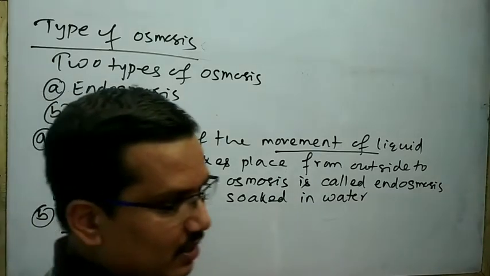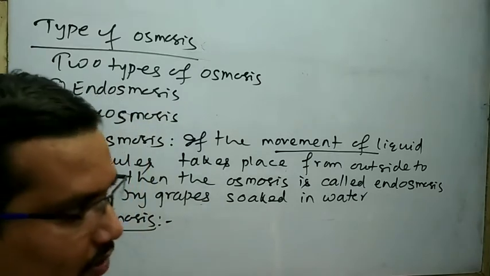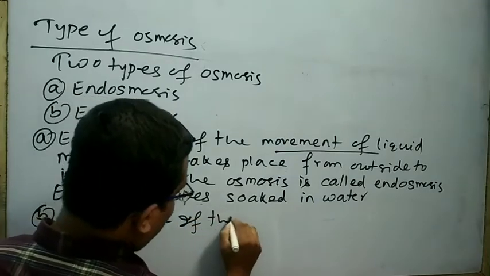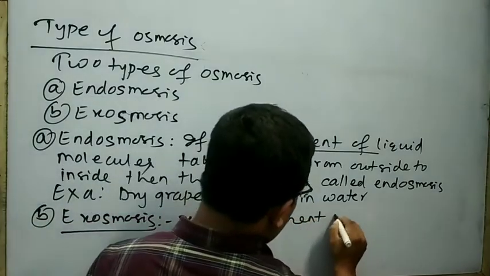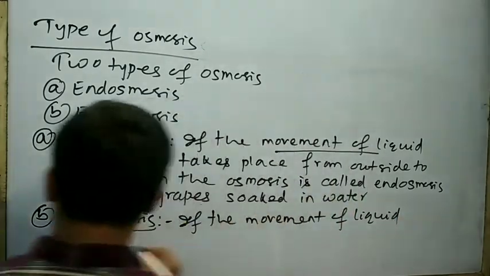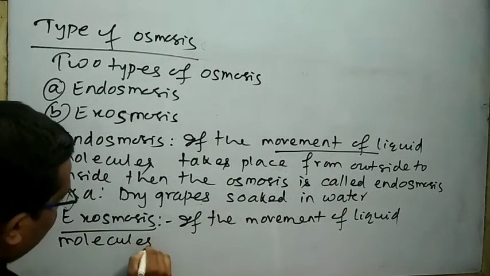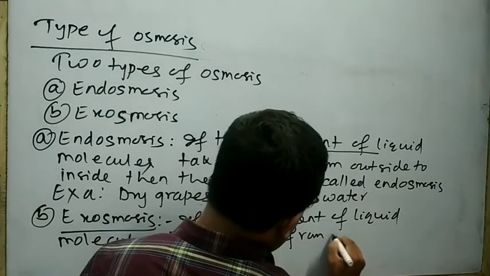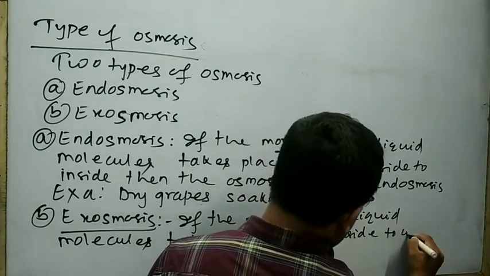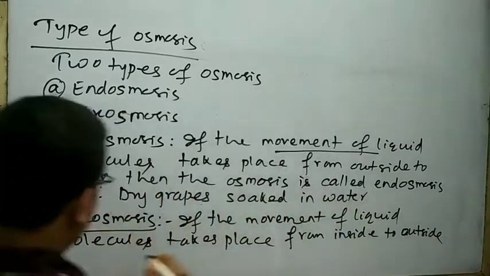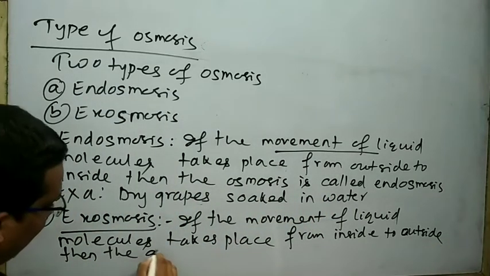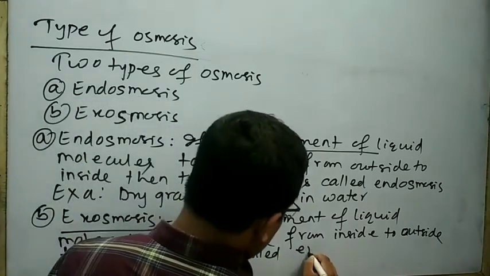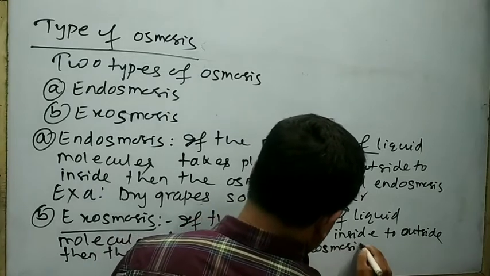In exo-osmosis there is a movement of liquid molecules from inside to outside. So I can write, if the movement of liquid molecules takes place from inside to outside, then the osmosis is called exo-osmosis.